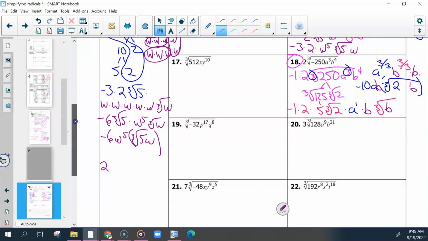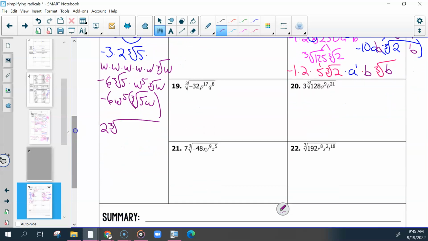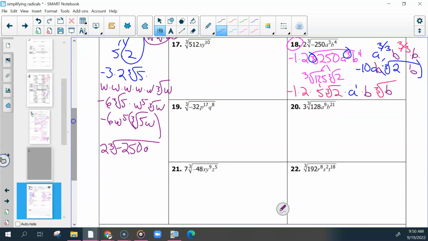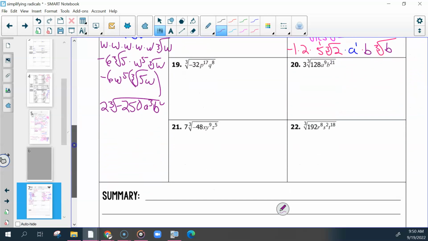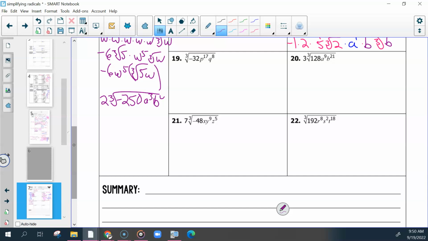2 times the cube root of -250. Okay. Still take your negative out. That would still be step 1.